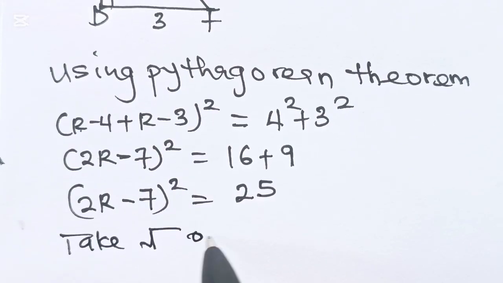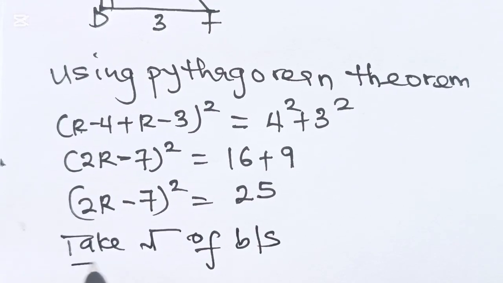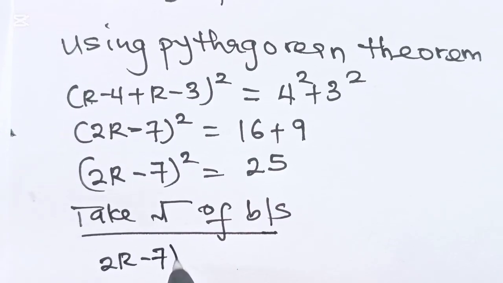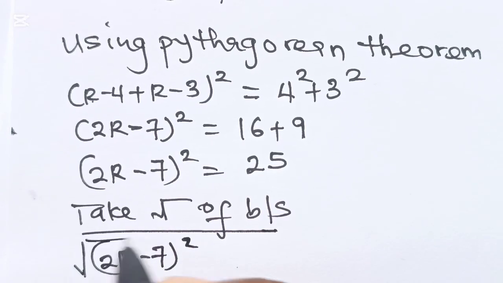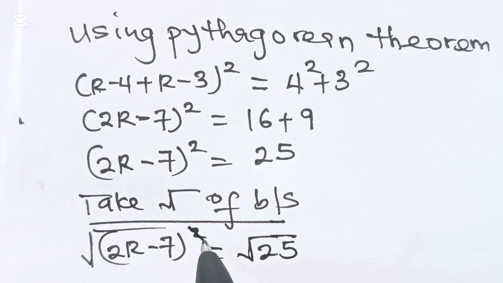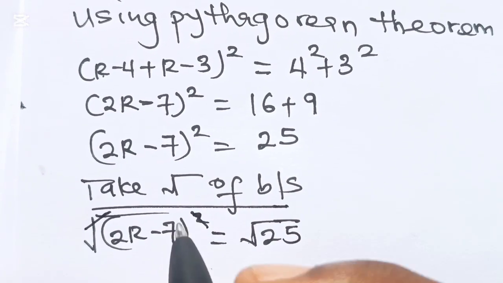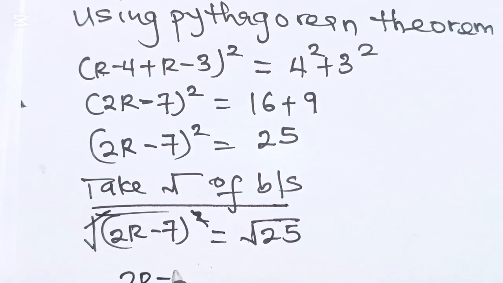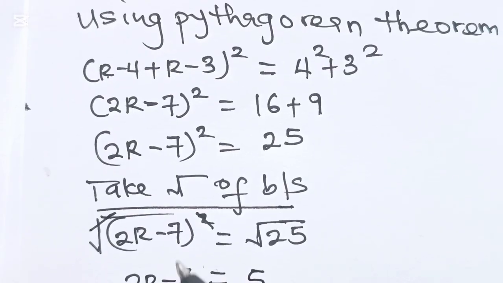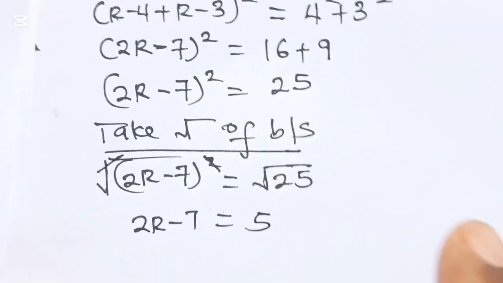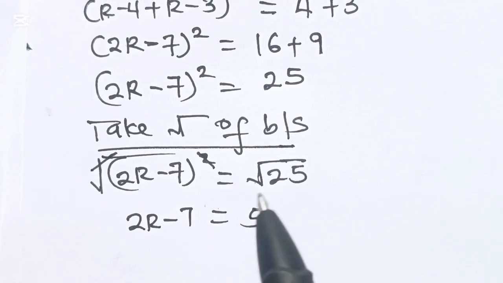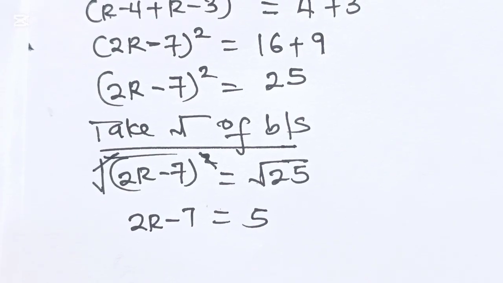So we have 2r minus 7 is equal to 5. We are taking only positive 5 because we're talking about length, so definitely our r is going to be a positive number.